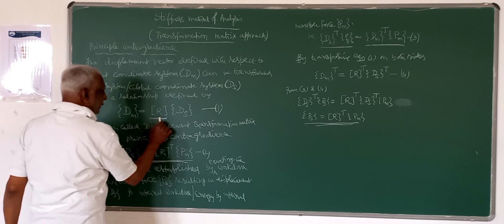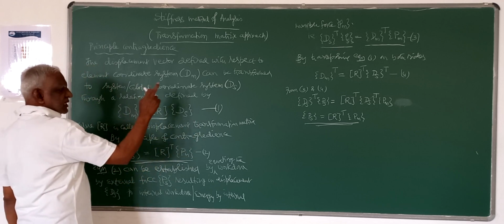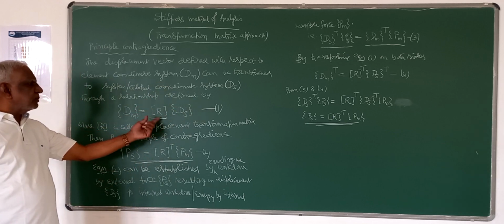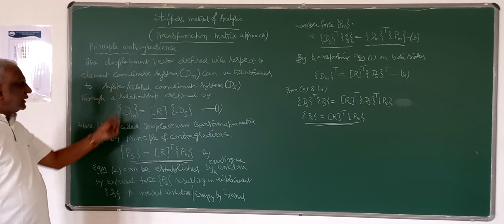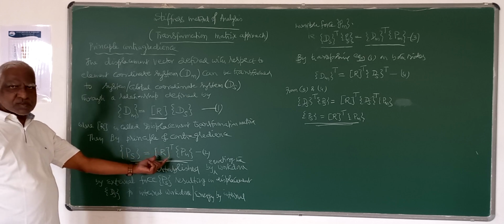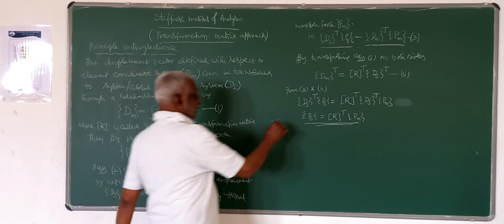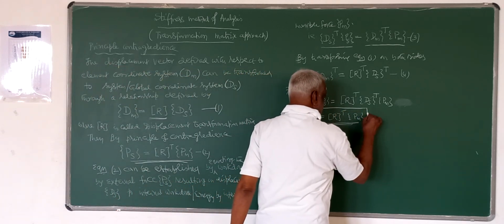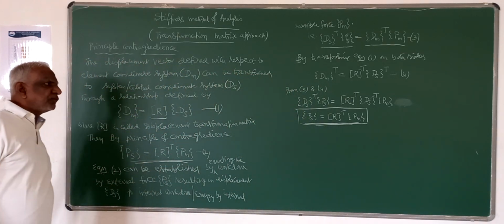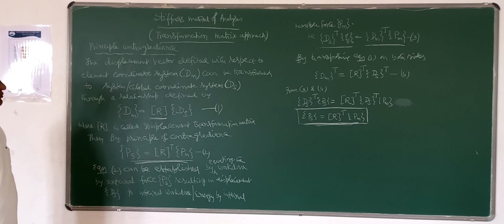If you determine the relationship between local coordinate displacement and global coordinate displacement through a displacement transformation matrix, then the corresponding forces you can relate by this transpose using this principle of contragradients.